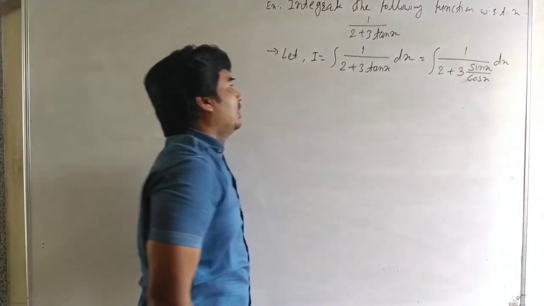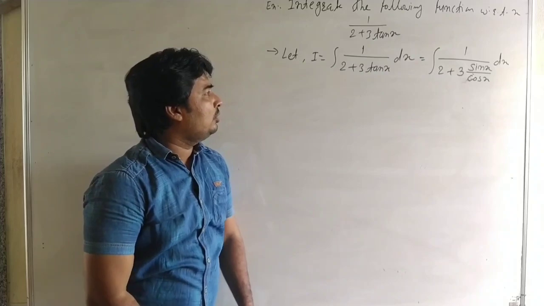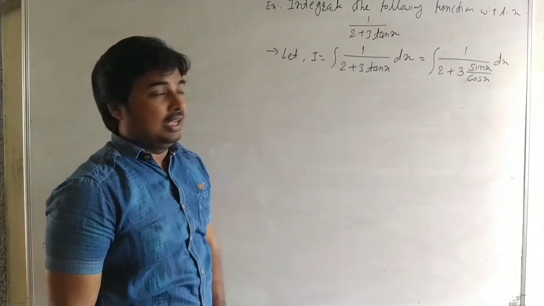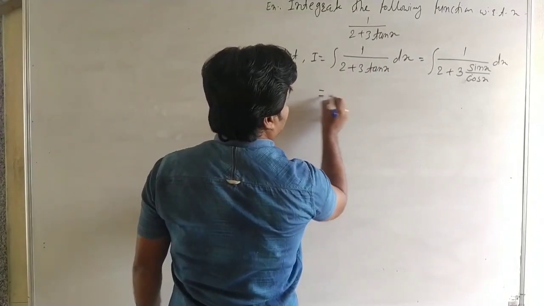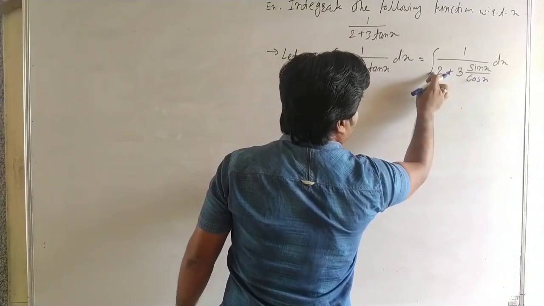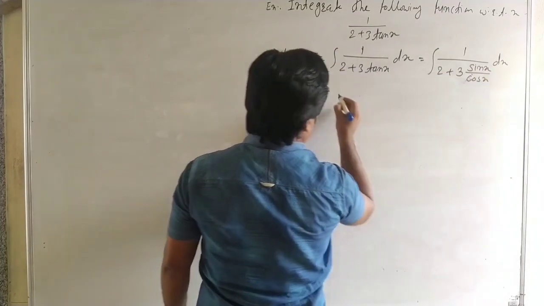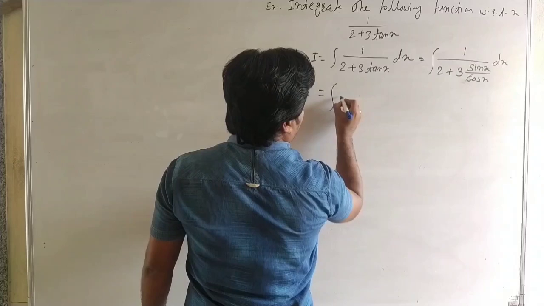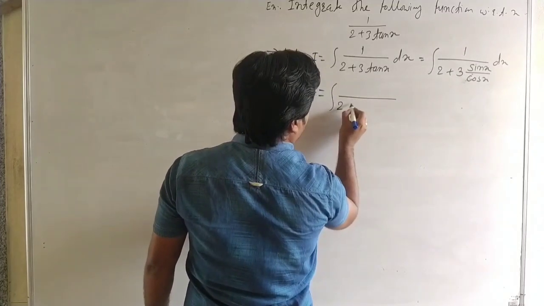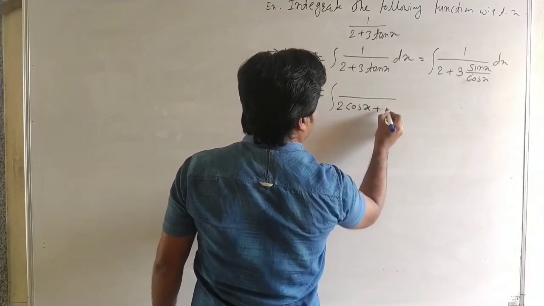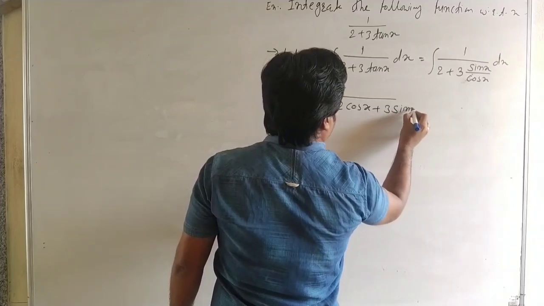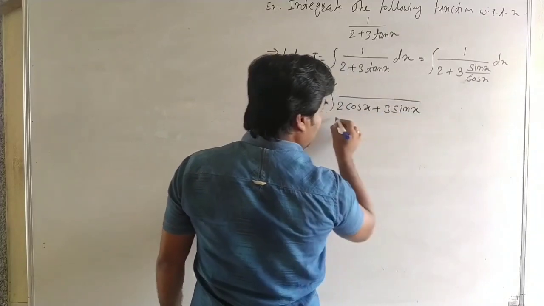Here we can replace tan by sin upon cos, so it is 1 upon 2 plus 3 into sin x upon cos x. Okay, now when we multiply by cos, it is 2 cos x plus 3 sin x, so it is 2 cos x plus 3 sin x upon cos x.